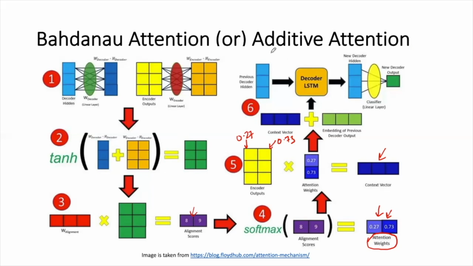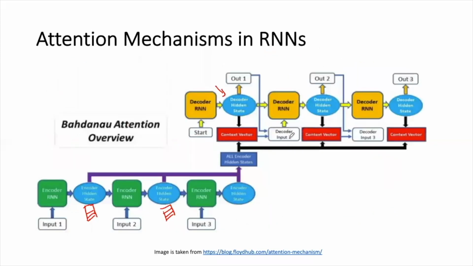Once we have this context vector, we add it onto the embedding. If we look at sequence to sequence models, we don't have this portion, this context vector. We just pass on the vector representation of the previous word as an input to the next timestamp.